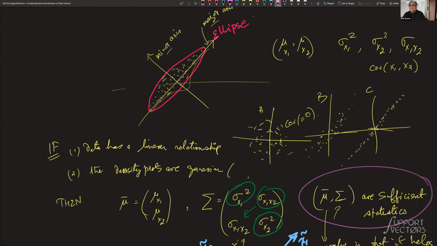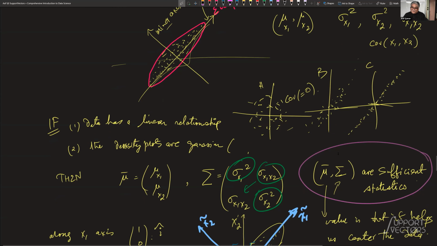If the covariance is zero, then it is spread out. There is no principal component in that. If the covariance is very high, you will get a straight line kind of relationship, correlation 1. That is the point. So there are three different realities.